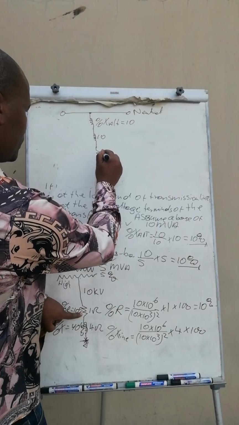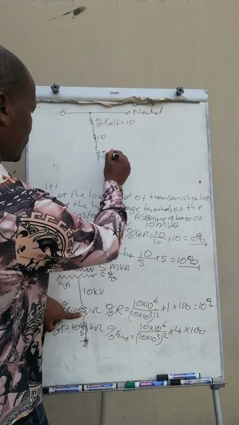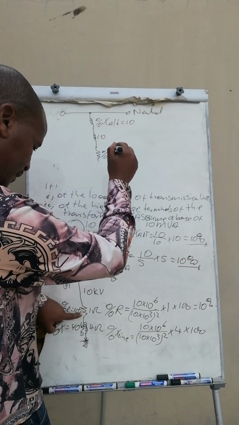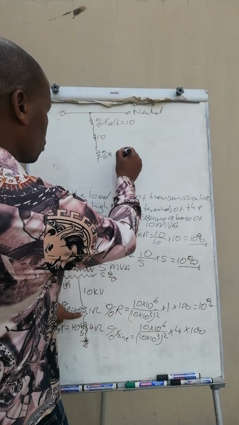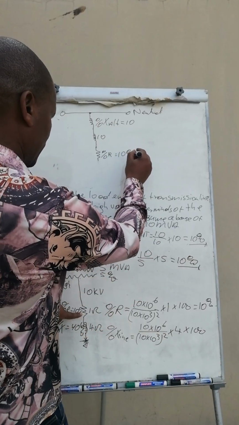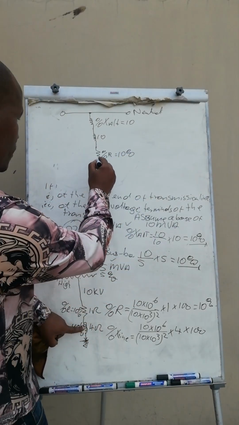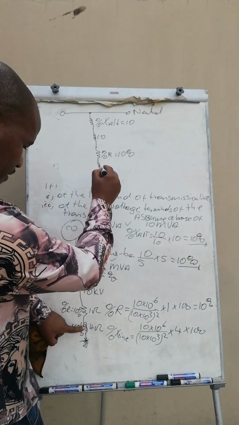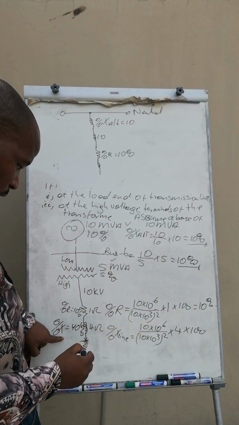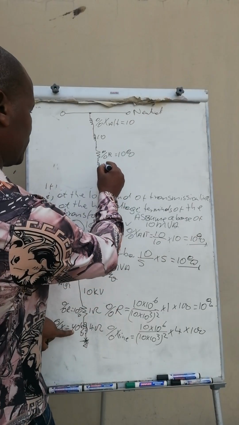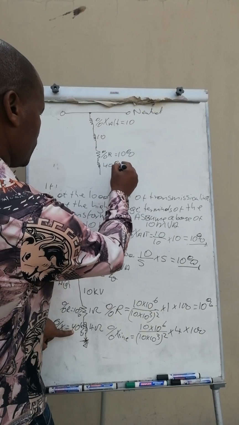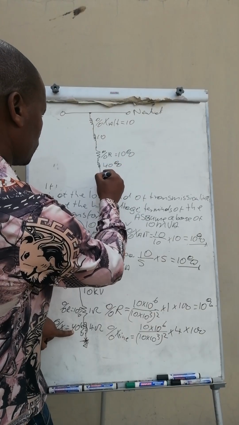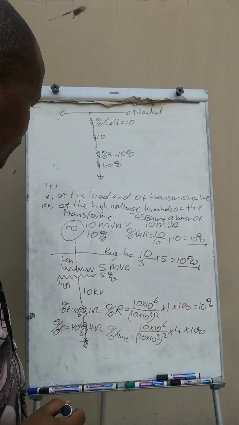The percentage R is equal to 10%. And then you've got the percentage reactance of 40% here. And then this is where your line ends.